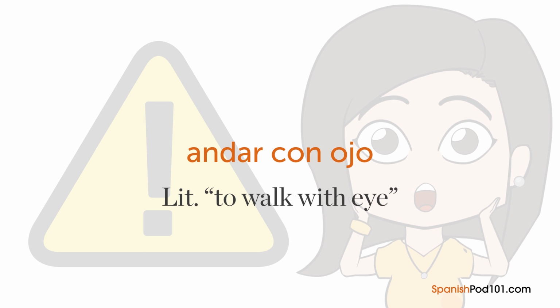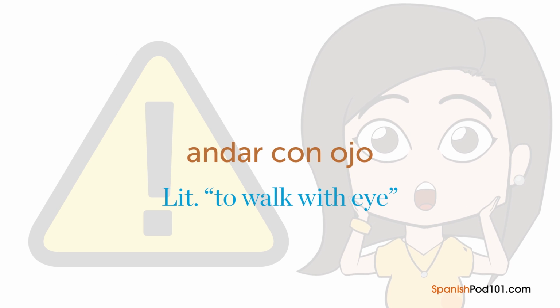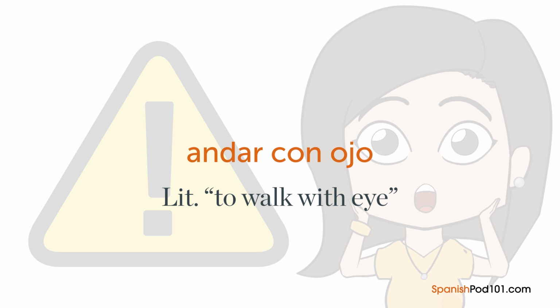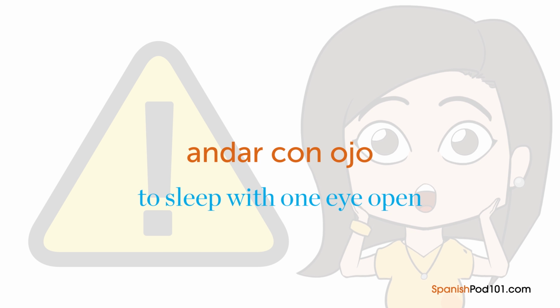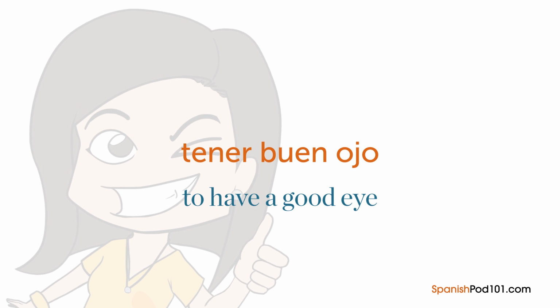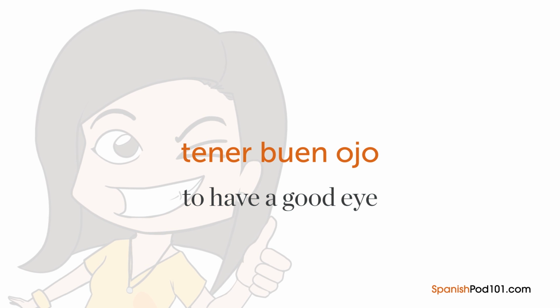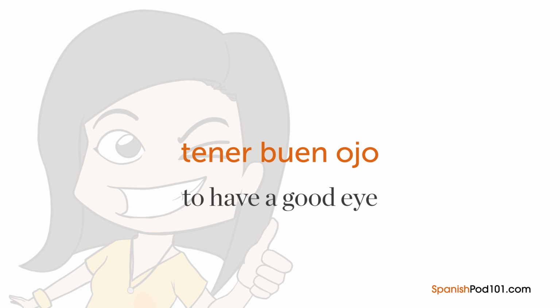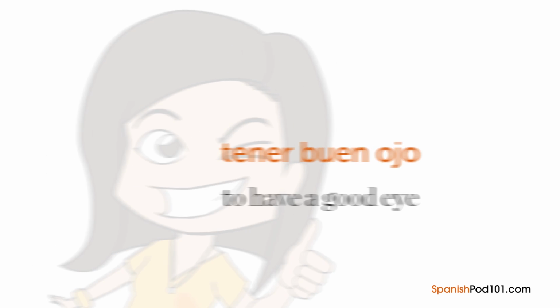Let's do one with the eyes. For example, andar con ojo, to walk with eye. This is used when you have to take care or be cautious about something. It's like the English to sleep with one eye open. Tener buen ojo means to have a good eye. Like the English meaning, it expresses that you have a good sense when you choose or decide something.